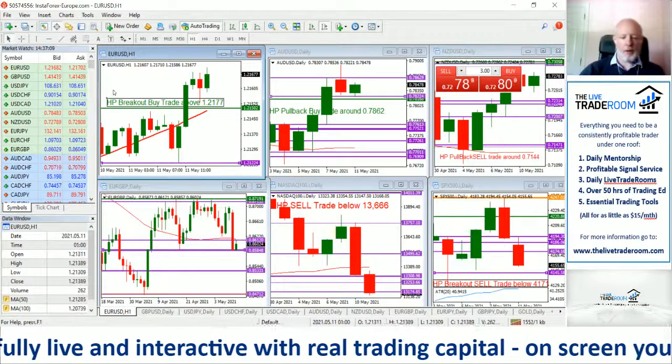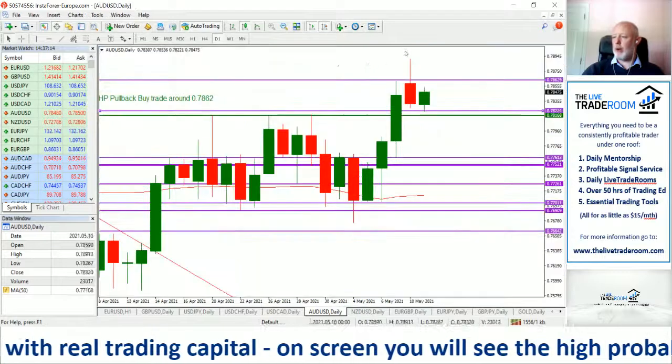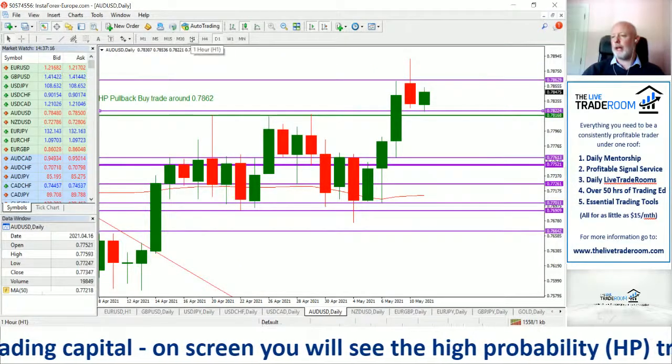So we can keep an eye on the euro dollar. The Aussie dollar's kind of in a similar boat. We'd expect further upside.